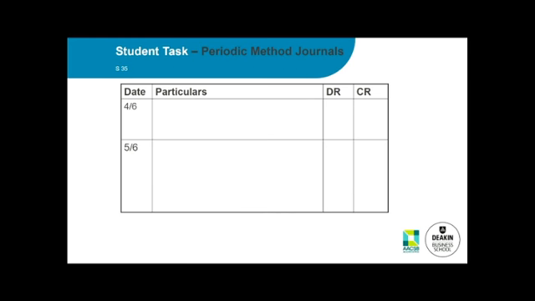So what happened on the 4th of June? Part of the inventory that we sold was returned back to us. How much of that was returned? $660. Would that entry be any different from what we had before?